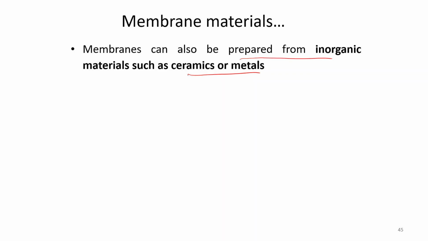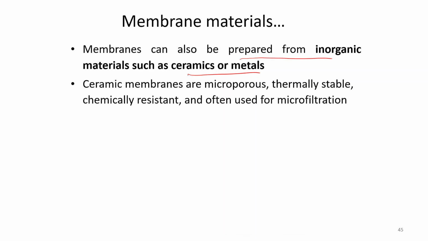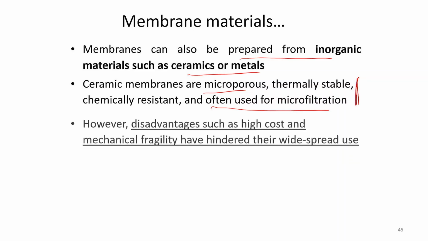But the problem of ceramic membranes is that they are not that flexible. So, ceramic membranes are microporous, thermally stable, and chemical resistant, and they are often used for microfiltration. Due to the thermal resistance and chemical resistance, ceramic materials are used.